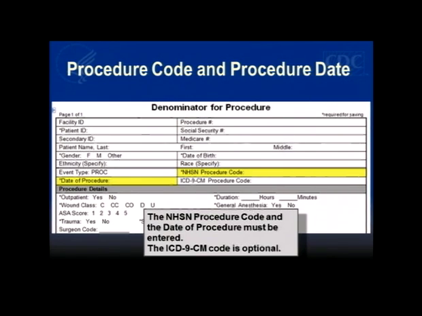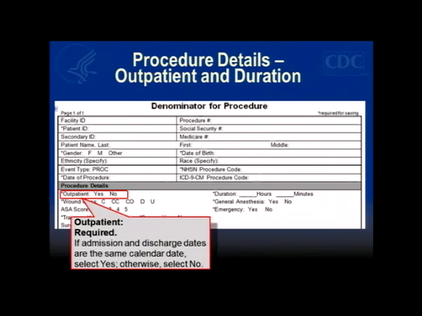So those are required fields that you'll need to enter. And then next comes outpatient and duration. So outpatient is a required field, and if the admission and discharge dates are the same calendar date, then you say yes, otherwise you say no. So for most of you, it's going to be no, because you're doing inpatient surveillance.